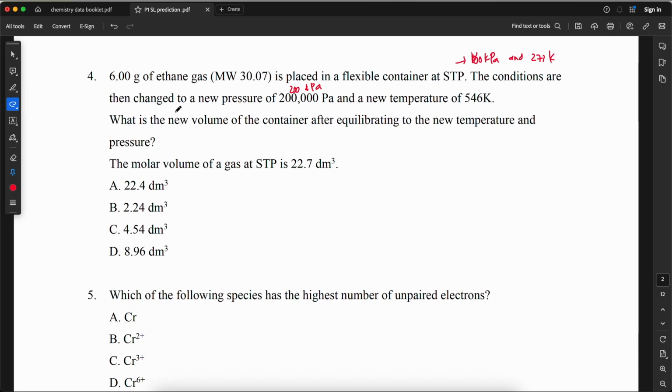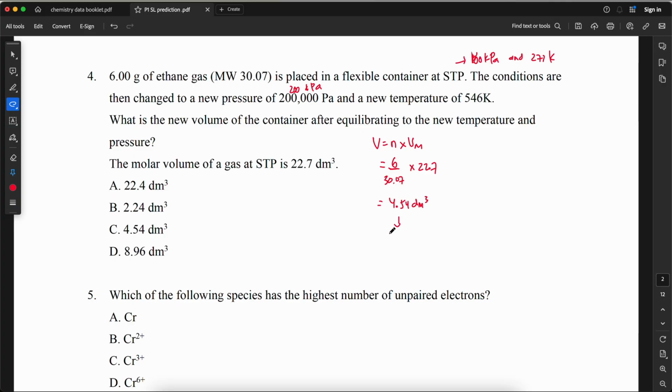Since we've got the mass and the molar volume, we can calculate the volume, which is n times Vm. So n, that would be 6 divided by 30.07, the molecular mass of ethane, times 22.7. So you've got 4.54 decimeter cube.